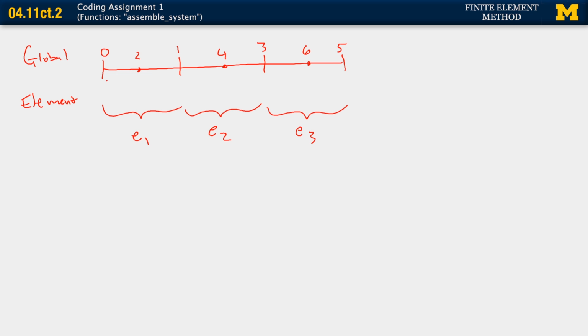So locally, these nodes would be labeled 0, 1, 2. Same for all of them, 0, 1, 2, and 0, 1, 2. Okay, so local DOF indices will look different for each element.